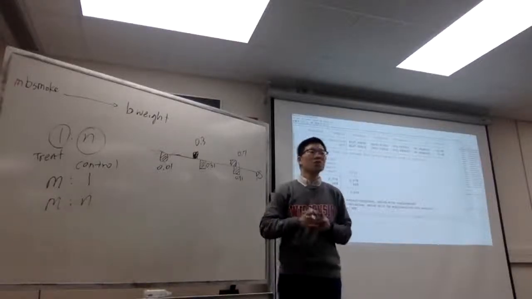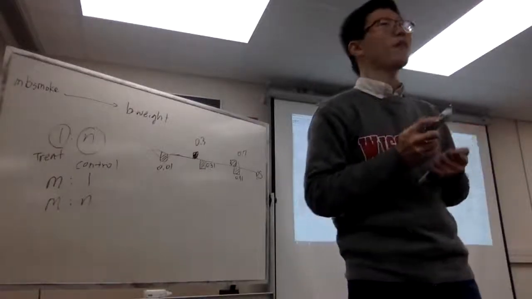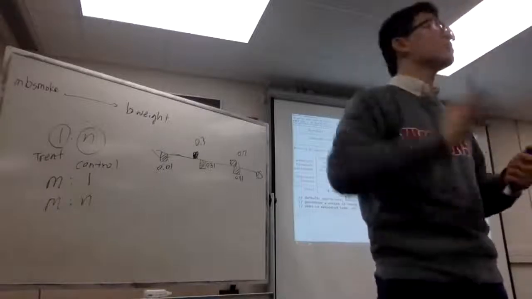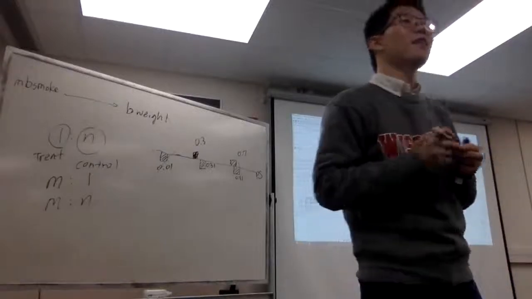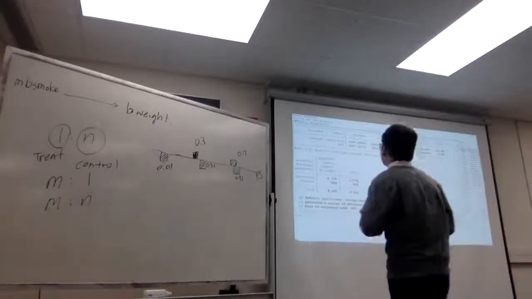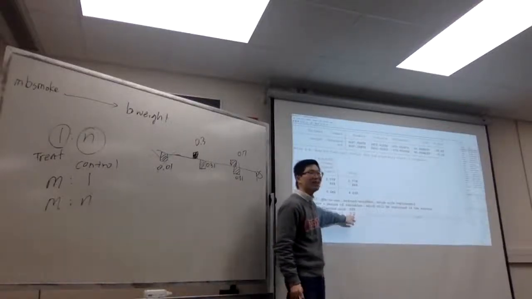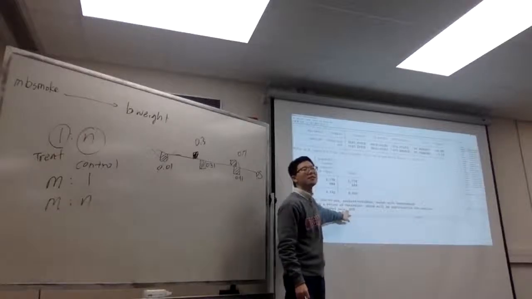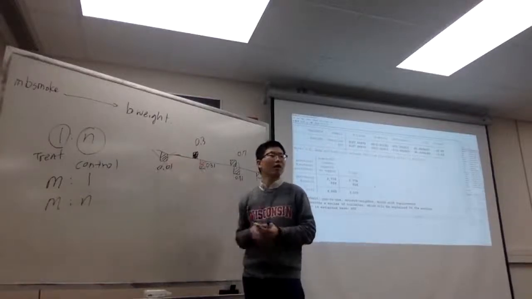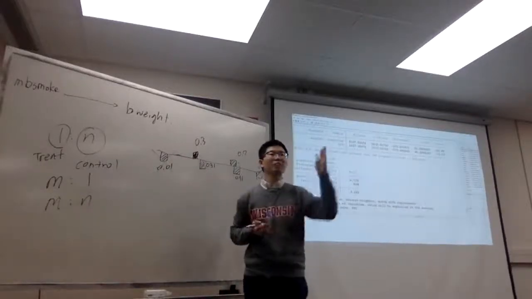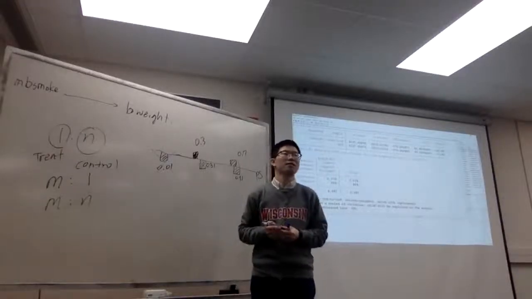Good. So matching is really a technique of pruning in a way. You're deleting some observations out that are not really comparable. And that's why what is estimated here is ATT, not ATE, because incomparable controlled cases will be deleted out in matching.